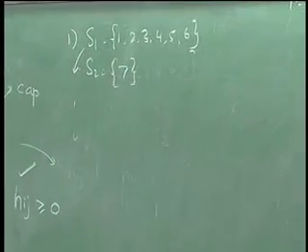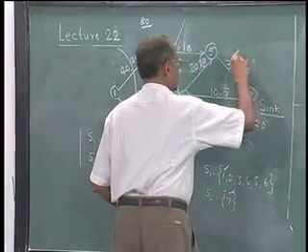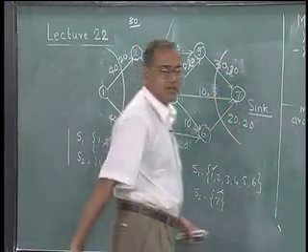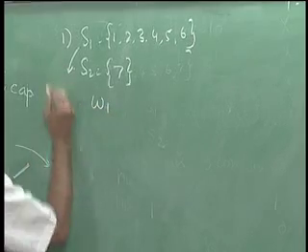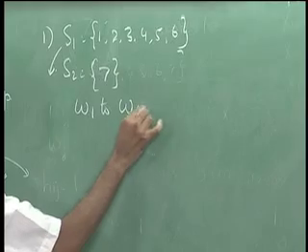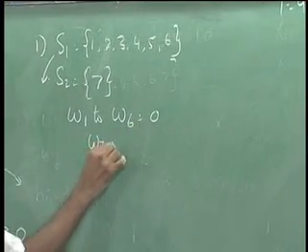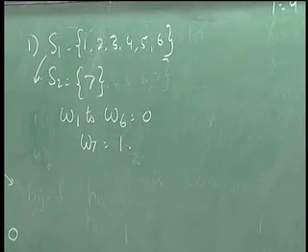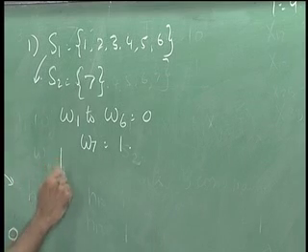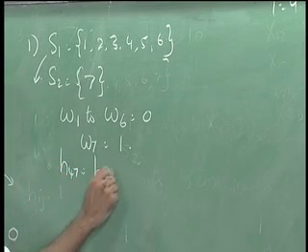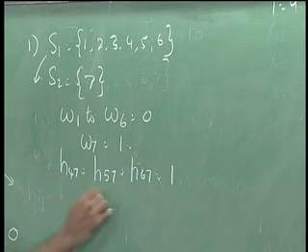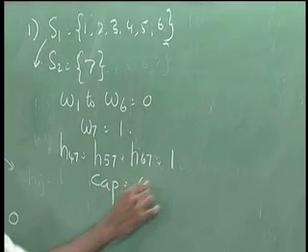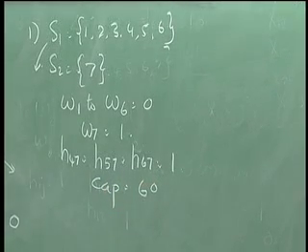So we are looking at this cut set, and for this cut set W1 to W6 will be equal to 0, W7 will be equal to 1, and we will have H47 equal to H57 equal to H67 equal to 1, and then the capacity of the cut set will be equal to 60.